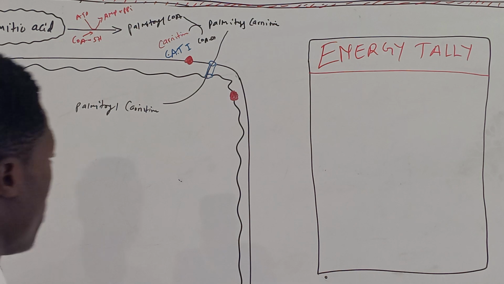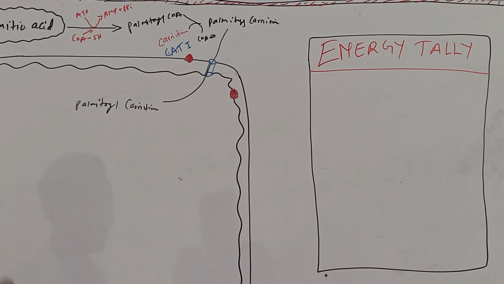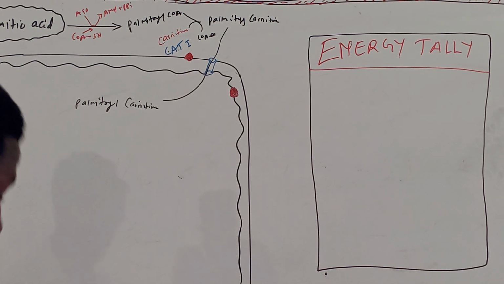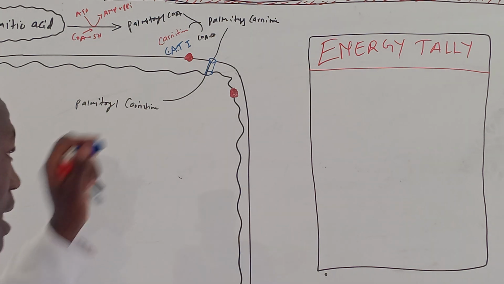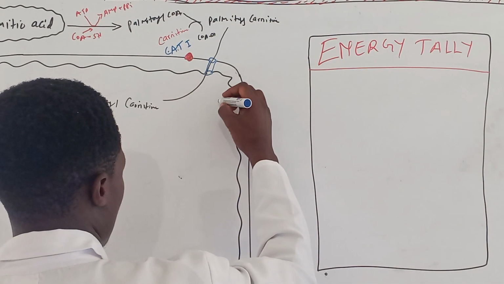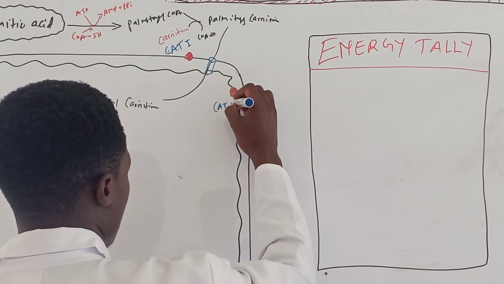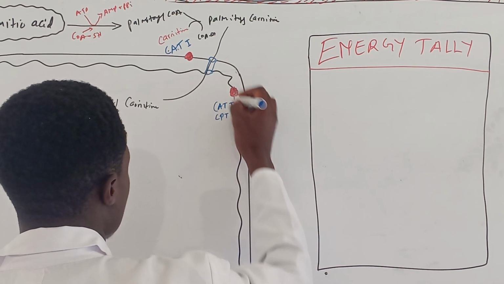But now there's another problem. Palmitoyl carnitine cannot undergo beta oxidation, so we have to replace the carnitine with the CoA. This is done by a pretty cool enzyme located on the inner membrane of the mitochondrion, called CAT2, or you can simply call it CPT2.